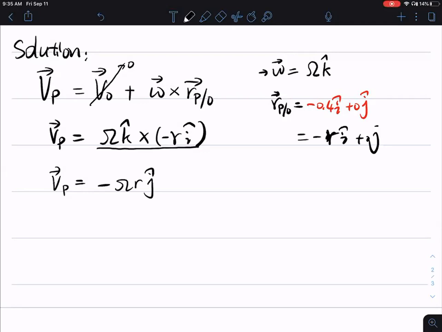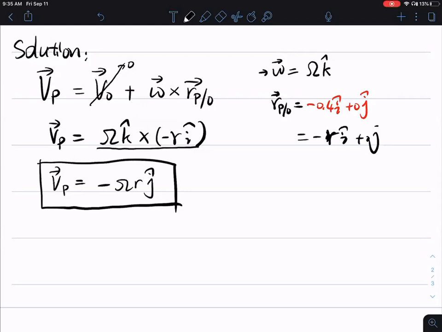But if you don't know how to do cross product, chapter 0 in your textbook has reviews on how to do dot product and cross product, so make sure you go back and read chapter 0. Okay, so now we have the answer for Vp, the velocity of a point on the rigid body.